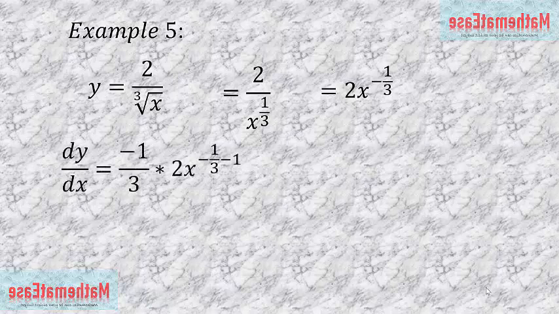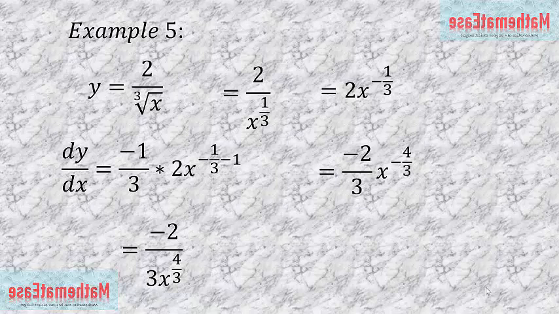So to find dy/dx now, we multiply the power and the coefficient, then subtract 1 from the power, which is minus 1 over 3 multiplied by 2, x raised to minus 1 over 3 minus 1, to give us this as answer. We can equally rewrite this answer thus: minus 2 all over 3x raised to 4 over 3. This can also be rewritten thus: minus 2 all over 3 cube root of x to the 4.